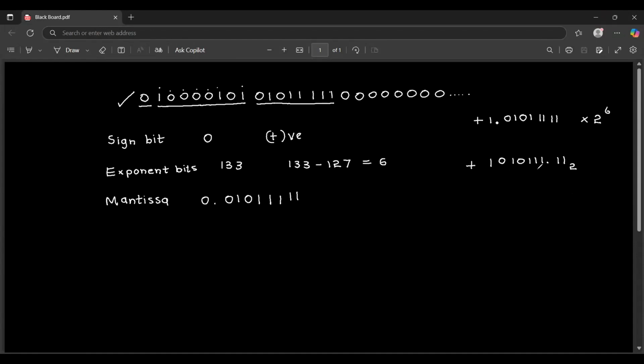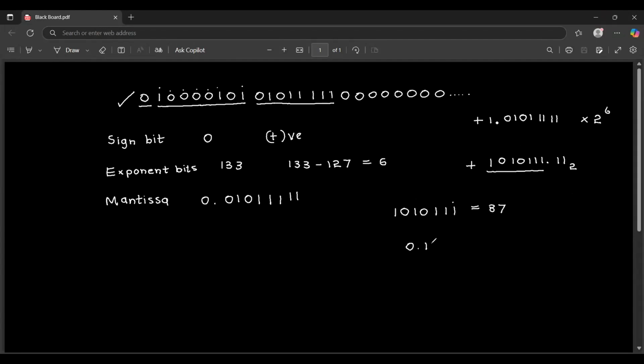So what is this number? When we are converting from binary to decimal, first of all we look at the integer. The integer is given as 1010111. So 1, 2, 3, 7, no 8, so 23 plus 64, that is 87.